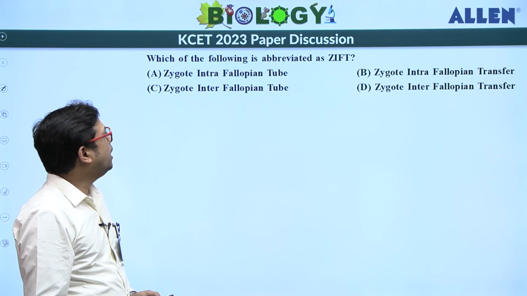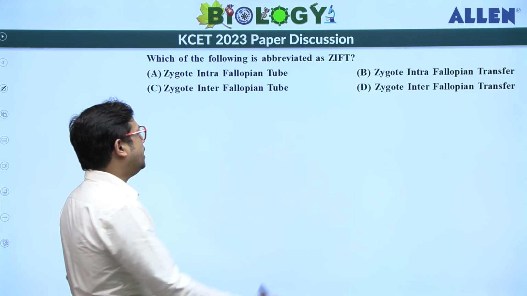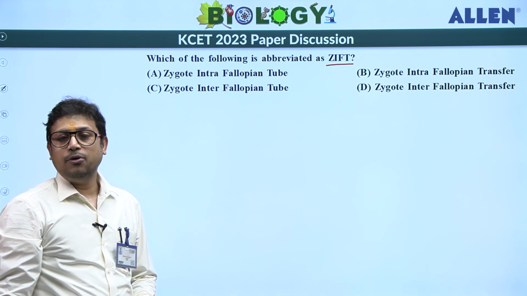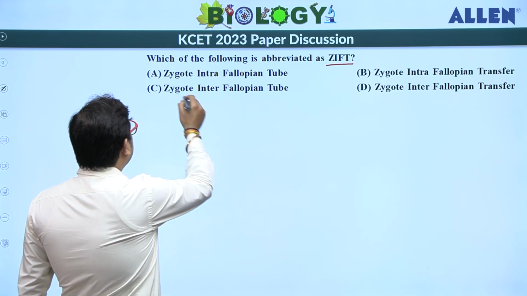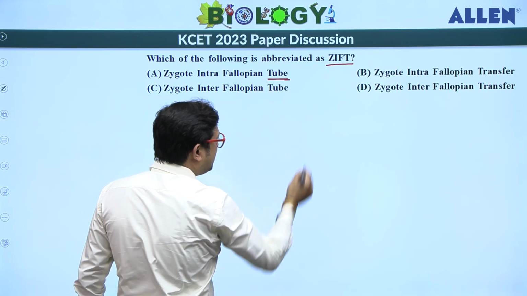Which of the following is abbreviated as ZIFT? So here the ZIFT stands for what? Zygote intrafallopian tube transfer, right? So you can see the option number 1, zygote intrafallopian tube is given, transfer is not given.